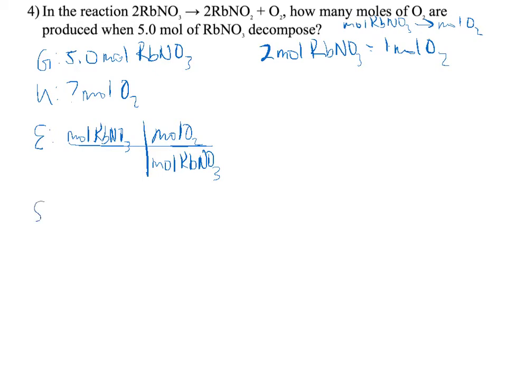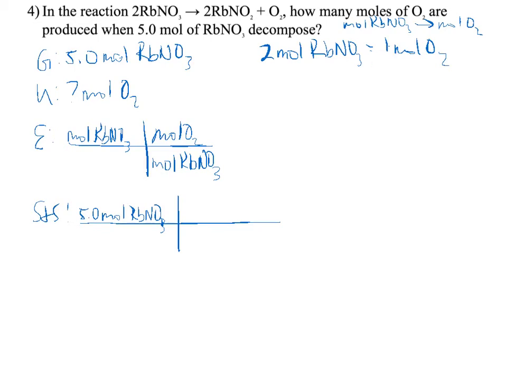So at this point we can just substitute and solve. Plug our numbers in. We're given 5.0 moles of rubidium nitrate. Okay, and then remember we use our coefficients here.